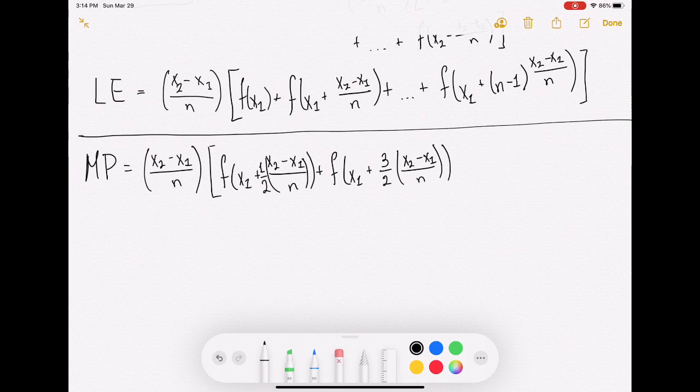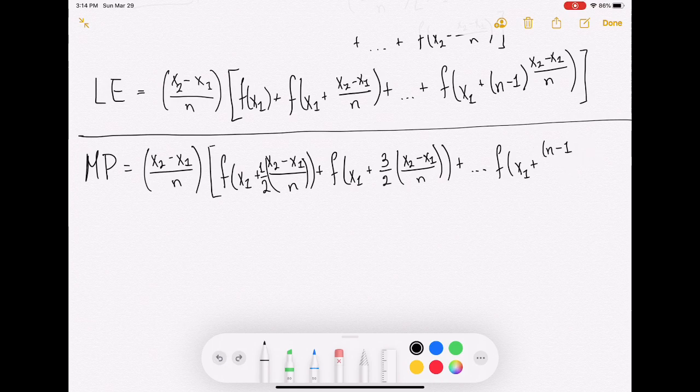1/2. And then we keep going until we end up at n minus 1. This is not n minus 1/2, it's actually n minus 1 plus 1/2.